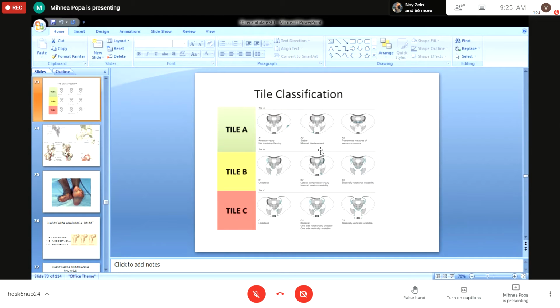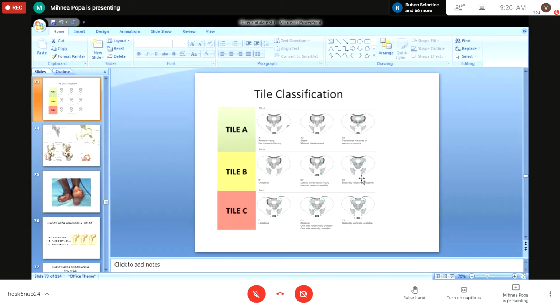For this type of fractures, we have the Tile classification. As you can see here, there are three types, the A, the B, and the C. It's very important to keep in mind that fractures of type A Tile are fractures that are not unstable, fractures that, as you can see, can be in the parts that are not in the articulation, the iliac wing, or the pubic ramus, or maybe in the sacrum.